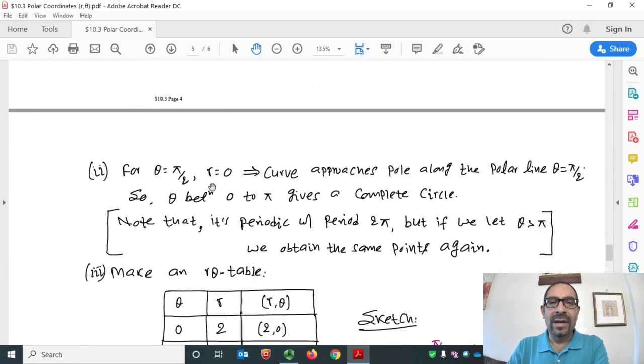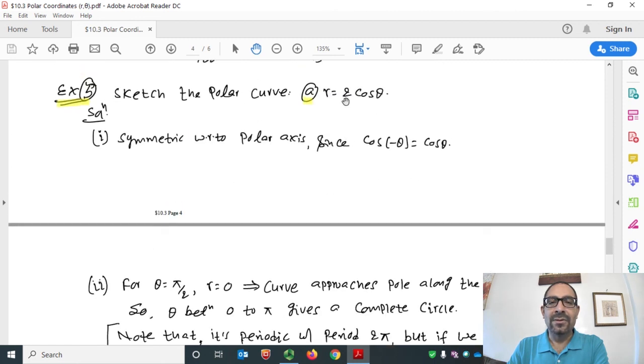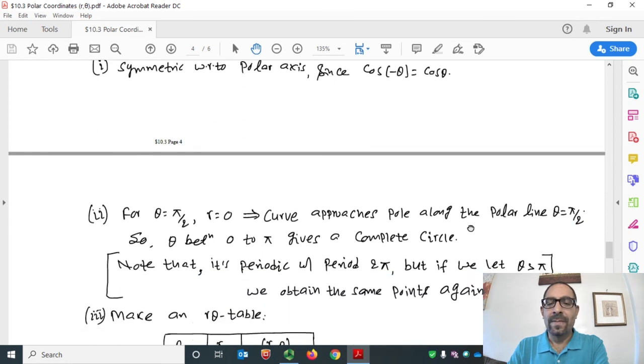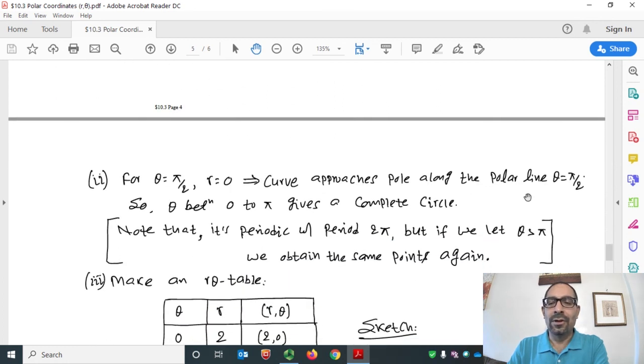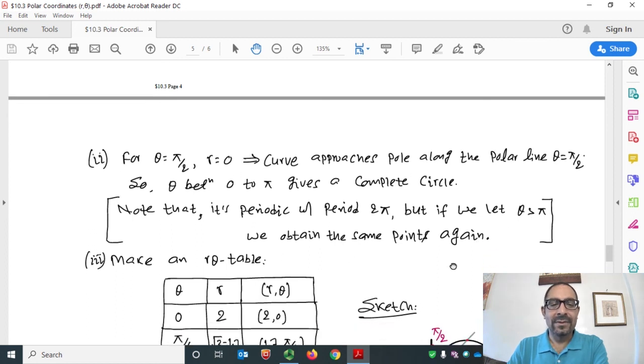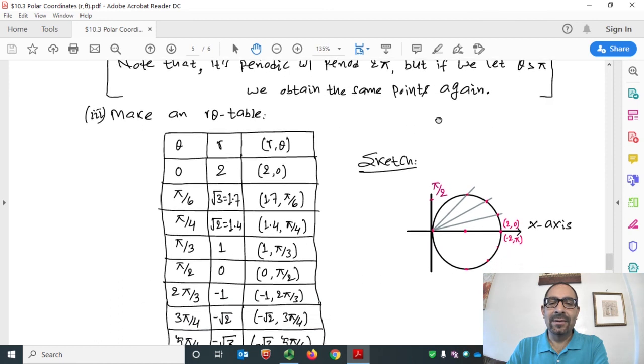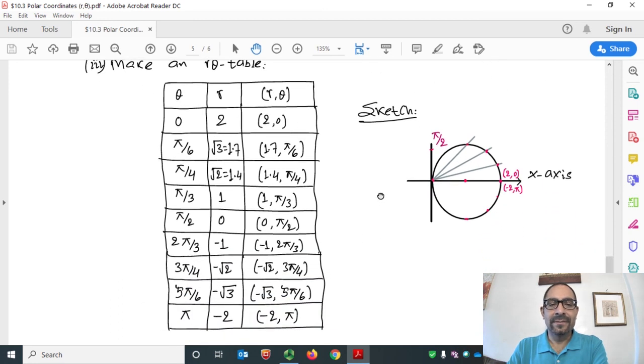For theta equals pi over 2, r equals 0, that means the curve approaches the pole along the vertical line theta equals pi over 2. So theta between 0 and pi gives a complete circle. Note that it's periodic with period 2 pi, but if we let theta be bigger than pi, we obtain the same points again. Okay. So now make an r, theta table here. That's better.